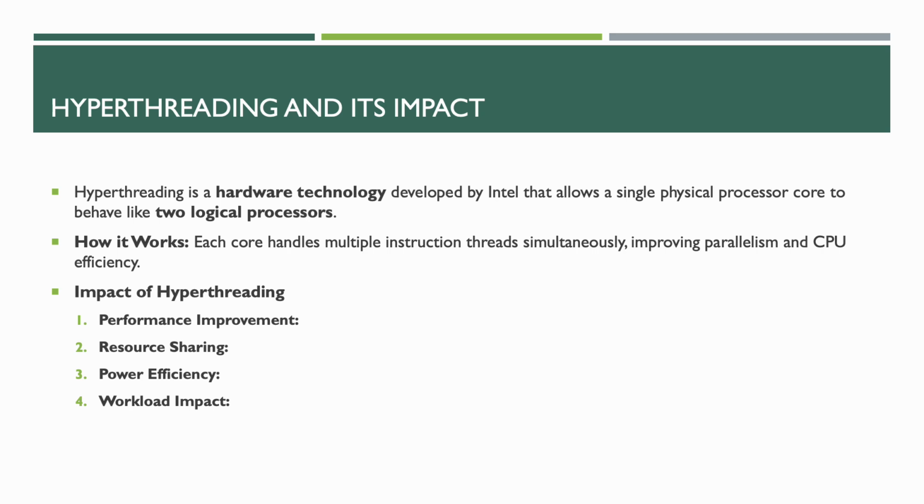While both logical processors share cache, execution units, and memory bandwidth, they efficiently schedule instructions to reduce CPU idle time. This means that if one thread stalls due to a data dependency, the second thread can continue execution, which improves overall CPU throughput.